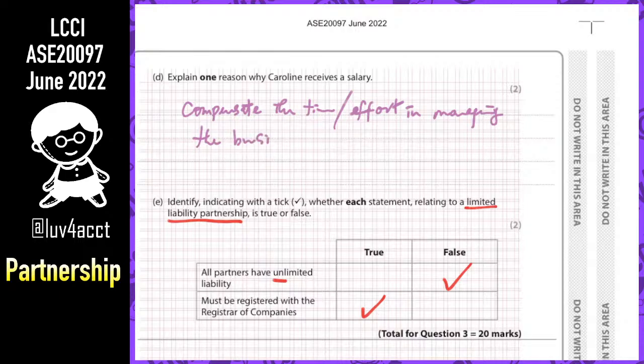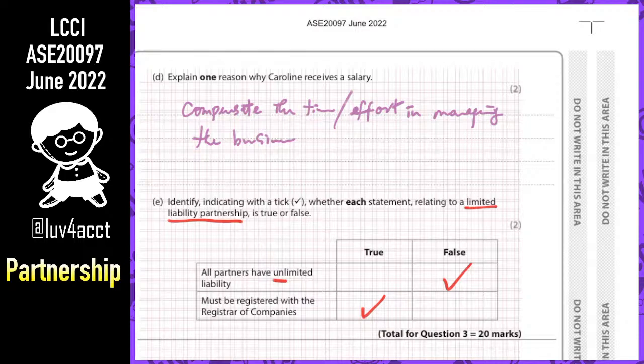Maybe Caroline is a full-time partner of the business. Every day she worked there, she managed, she got in touch with customers or something like that.